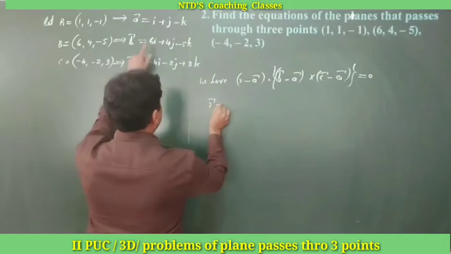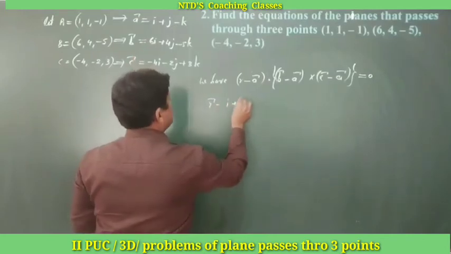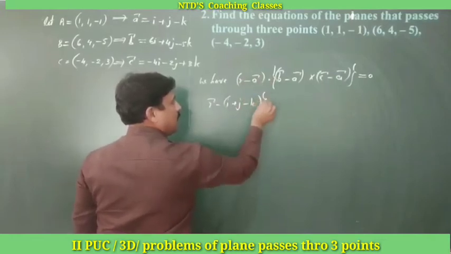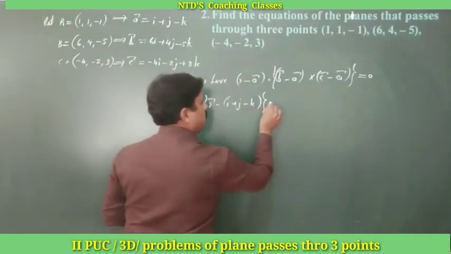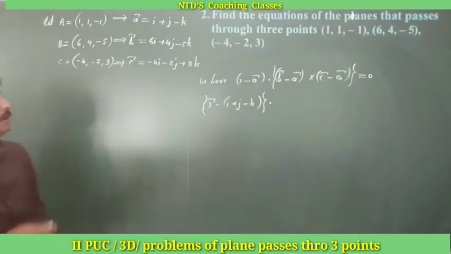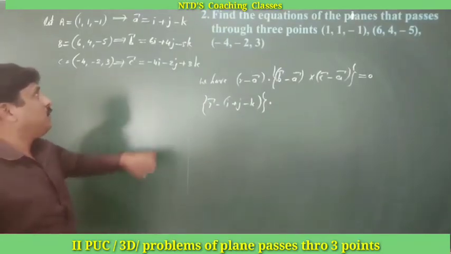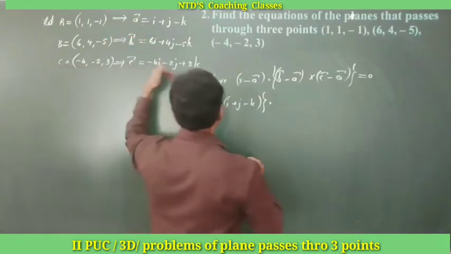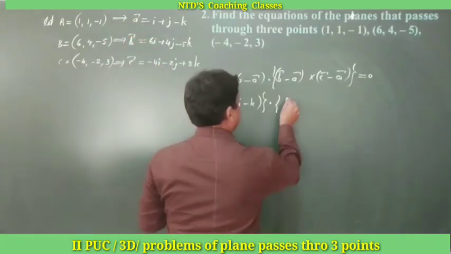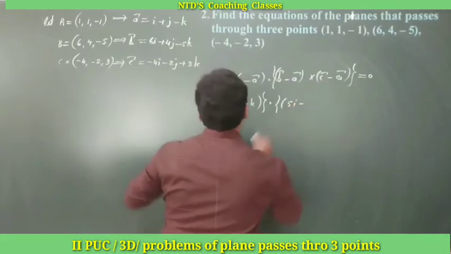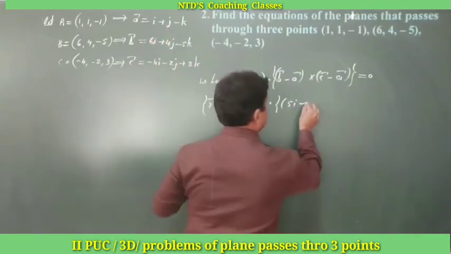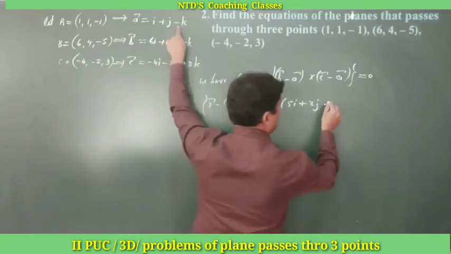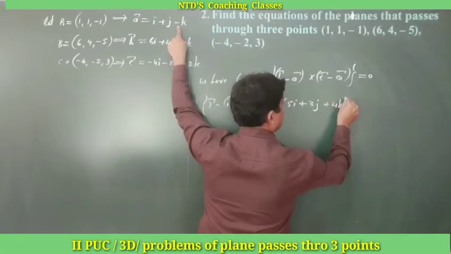R as it is, minus A, first point i plus j minus k, negative, put a bracket, R minus A bracket, put flower bracket, dot. B minus A, subtract A from B: 6i minus i, 5i, 4 minus 1 plus 3j, minus 5 plus 1 plus 4k.